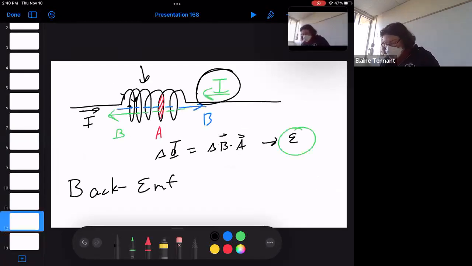So as the current I send in here changes with time, it's making a magnetic field that changes with time, that makes a magnetic flux that changes with time, and that makes an EMF that tries to counteract that change.